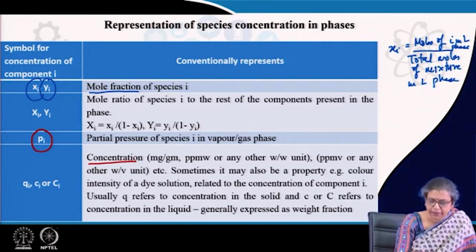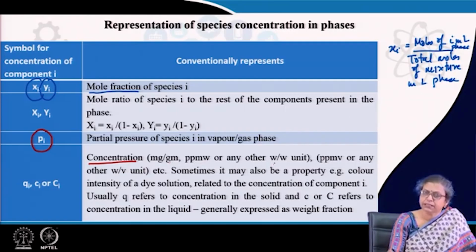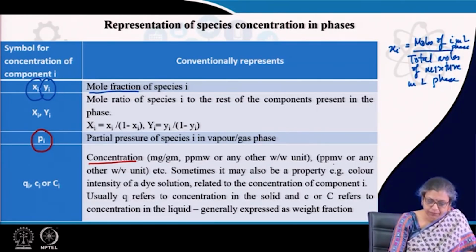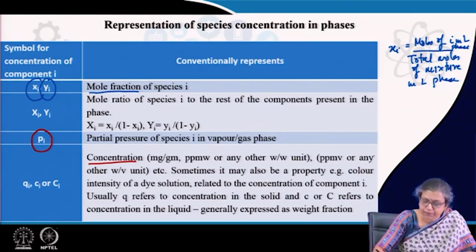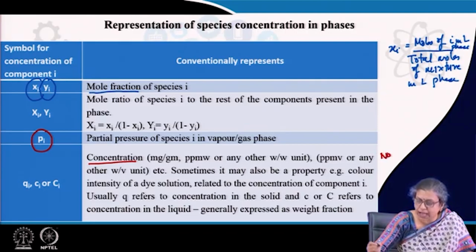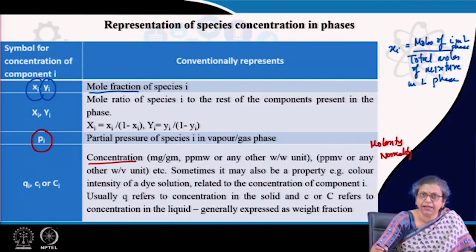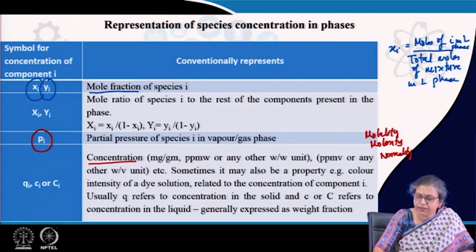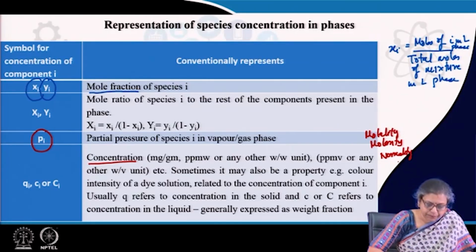This concentration can be weight per weight, maybe milligrams per gram or parts per million weight or any other weight per weight. It can be volume per volume, or it can be weight per volume also, and we can also have other types of units, for example, normality, molarity, etc. We can also have molality, we can also express concentration in these particular terms as well.